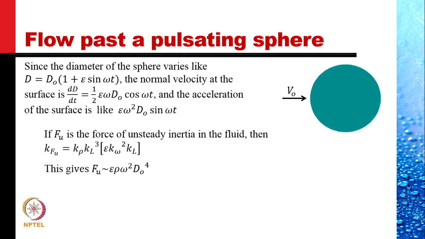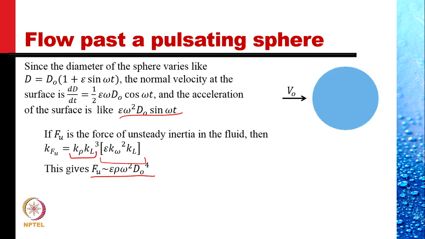The scale factor for that, K_fu, is K of mass times K of acceleration, which is epsilon omega squared d0 sin omega t. So K_fu is K rho K_L cubed, which is K for mass, and this is the K of acceleration from here. This gives the unsteady force varies like epsilon rho omega squared d0 raised to power 4. This is the unsteady force.